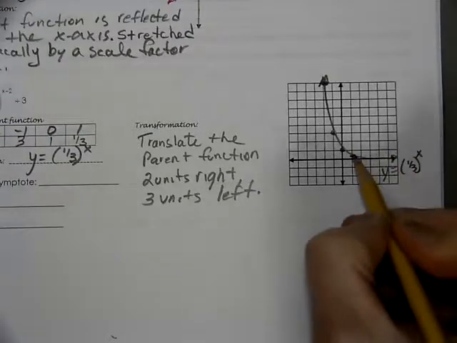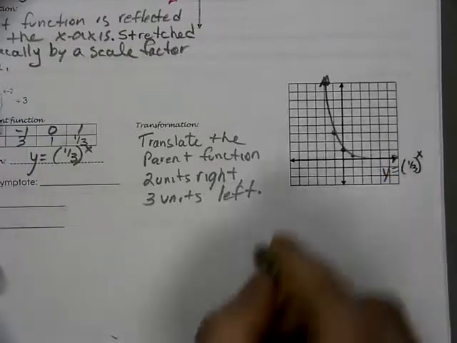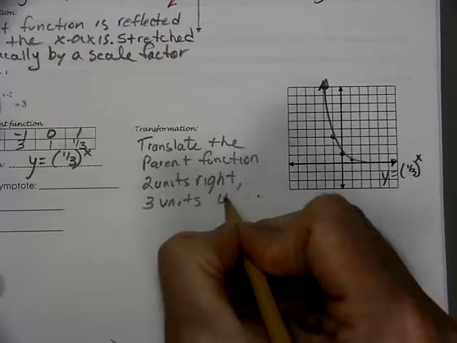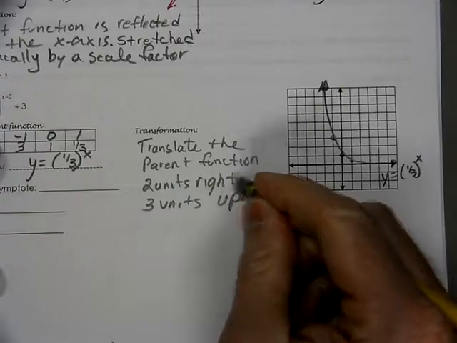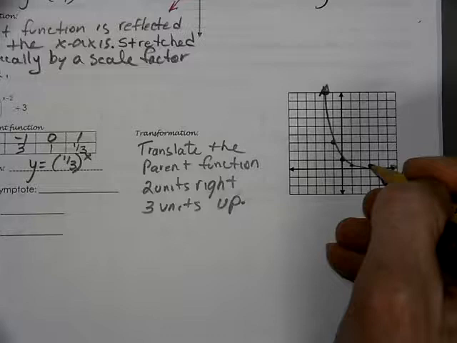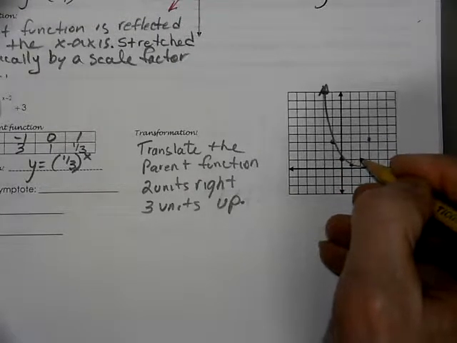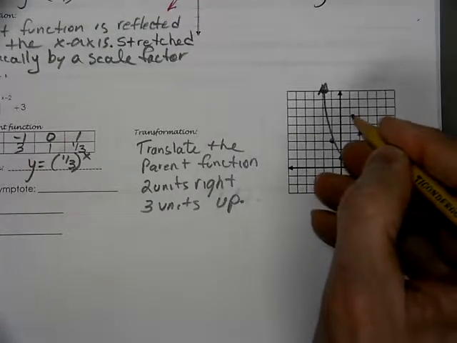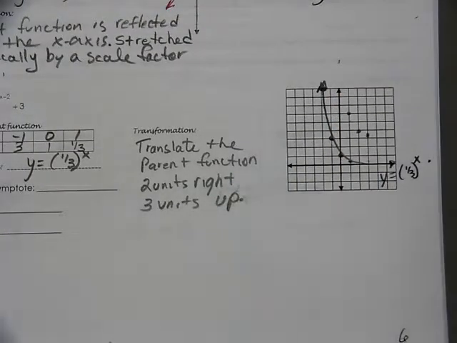So you can take every one of those points, and we're going to go 2 to the right, and 3 up. So we go 1, 2 to the right, and 1, 2, 3 up. 2 to the right, 3 up, 2 to the right, 3 up, 2 to the right, up 3.